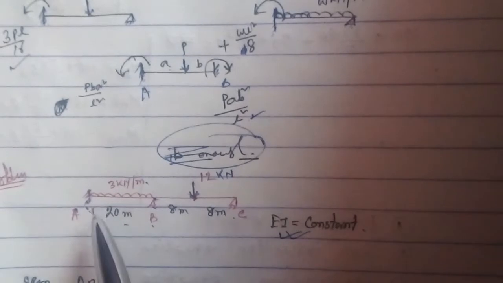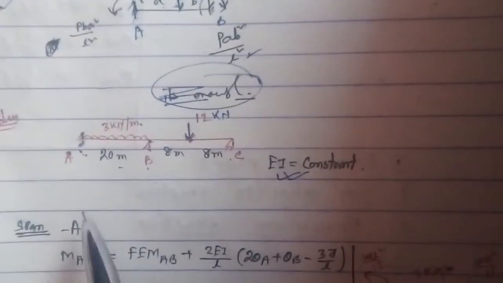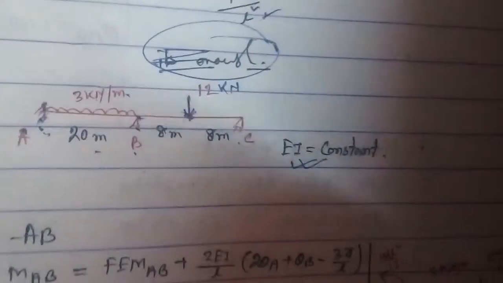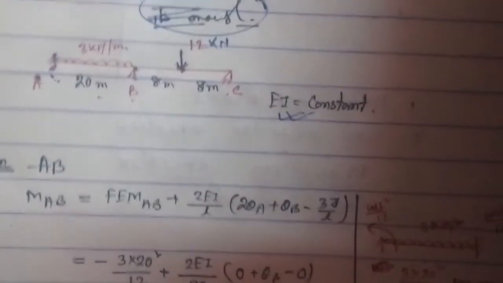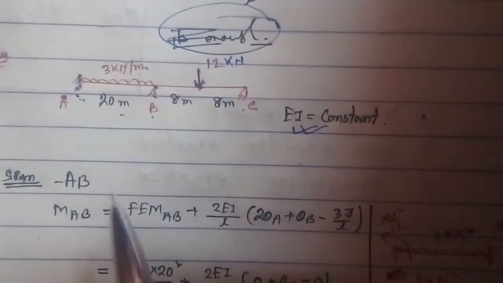So first of all we will take the end span, that means span AB.